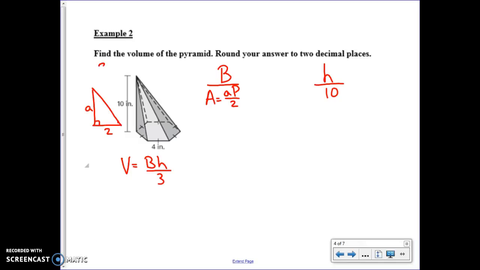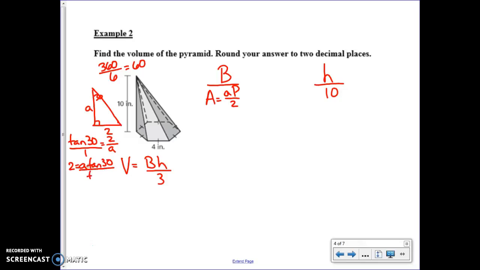So I need to find that central angle, 360 divided by the number of sides. So I get 60 degrees, but that's that whole central angle. So this is 30 degrees. So now opposite is 2, adjacent is A, opposite and adjacent are tangent. So I have tangent of 30 is equal to 2 over A. I'm going to cross multiply, so I get 2 equals A times the tangent of 30.